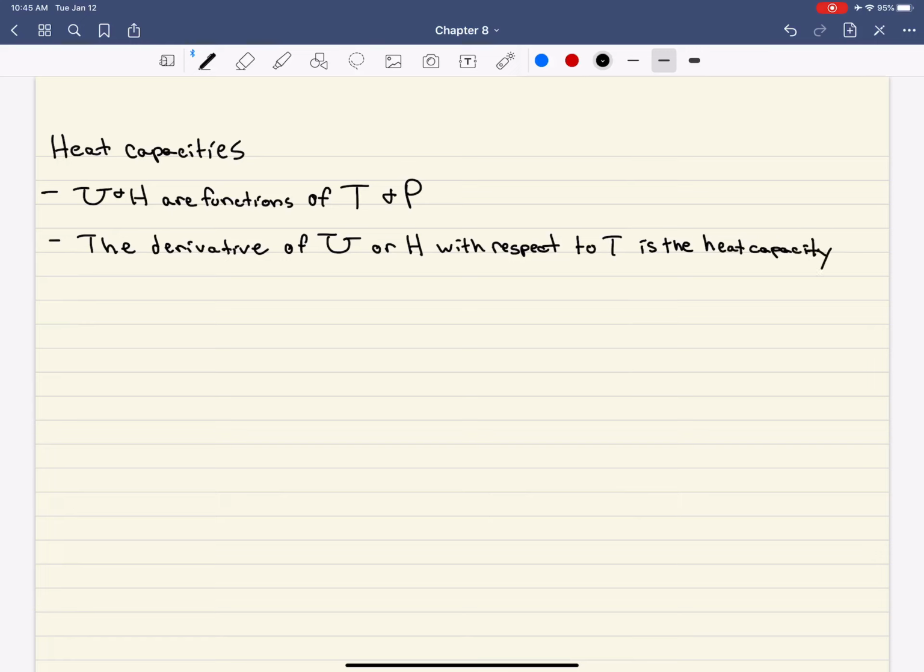Alright? And so the heat capacity is useful. It's measured for many chemicals in the universe, measured or even estimated based on theoretical models.